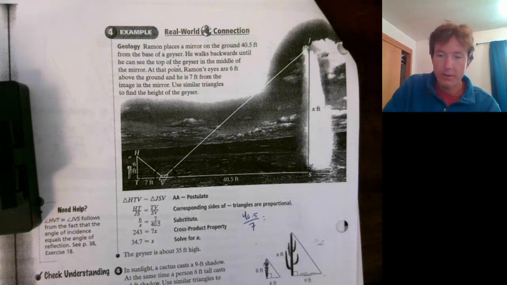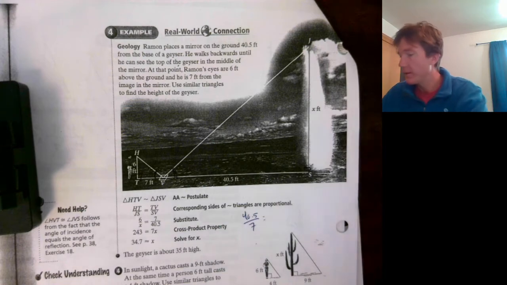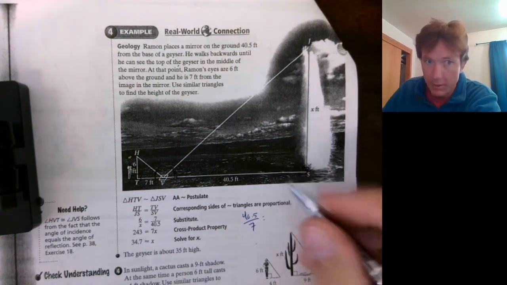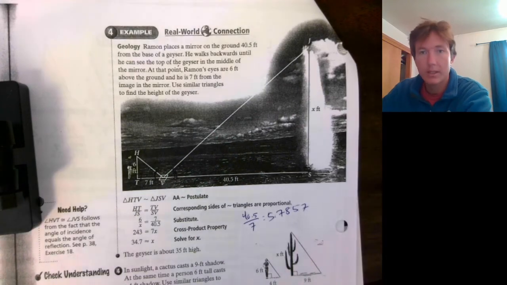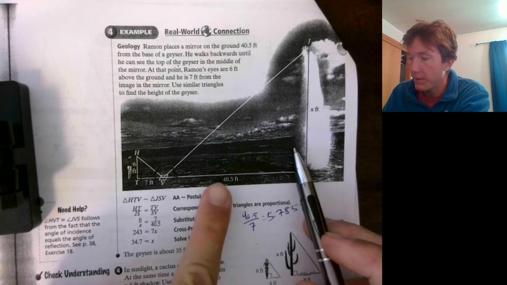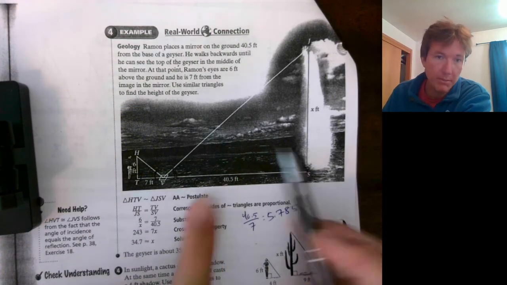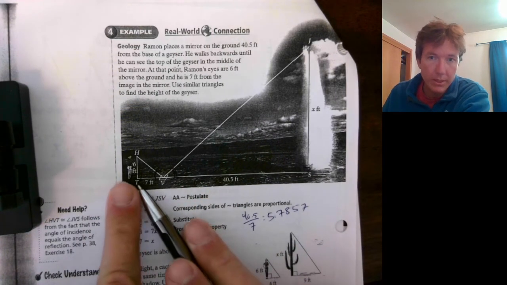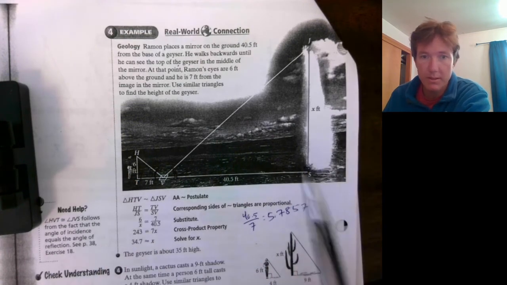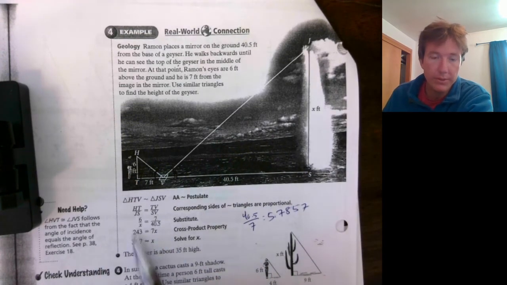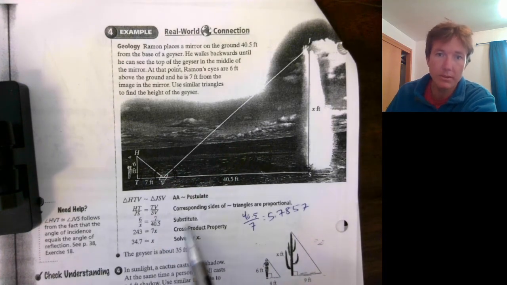So we're going to do 40.5 divided by 7. This equals 5.7857, and it goes on. Okay, so that means that this triangle is 5.7857 times bigger than this triangle. So all I need to do is multiply 6 by this number to get this height. This is totally different than the cross multiplying trick, so just bear that in mind. I'm doing different things.